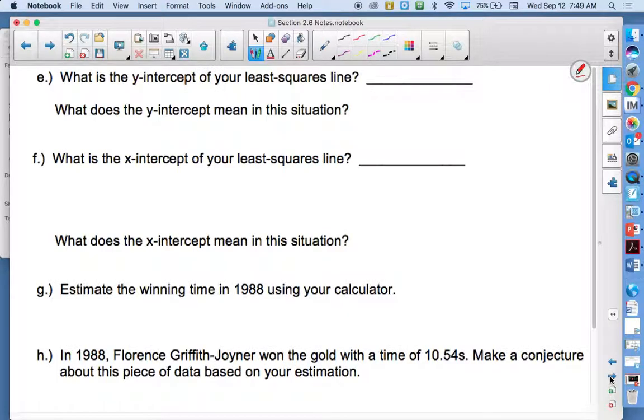So next question we have here, what's the y-intercept of this line? So Julian, what's the y-intercept of the line? 12.02. And what's that tell us? What's that mean?